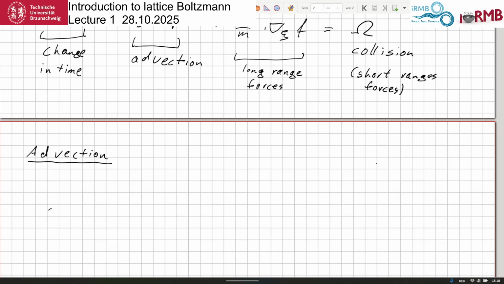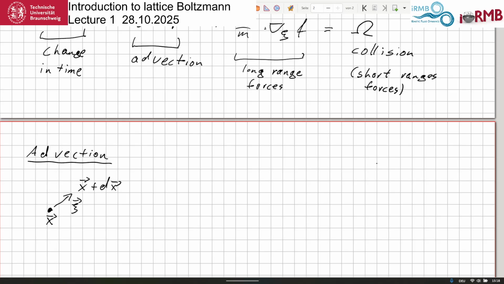We have a particle at a position x and say this particle has a velocity xi. Then, after some time, because it has a velocity, it's moving around, and it changes to position x plus delta x.